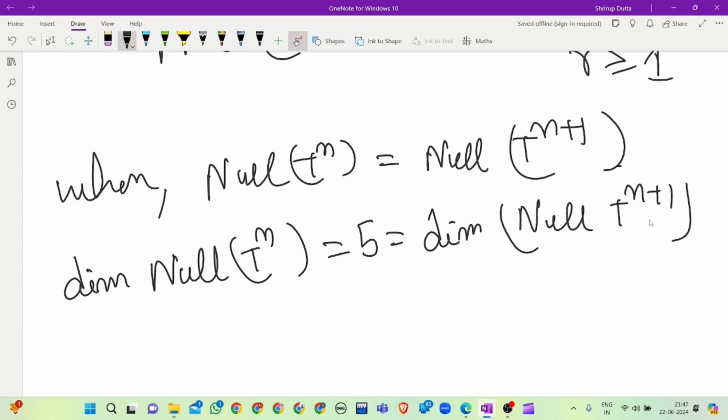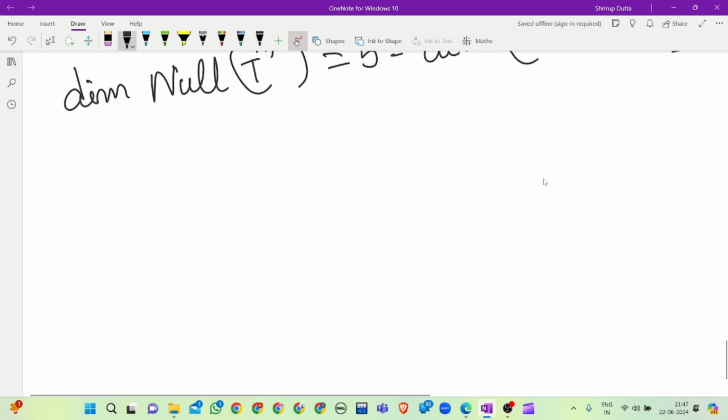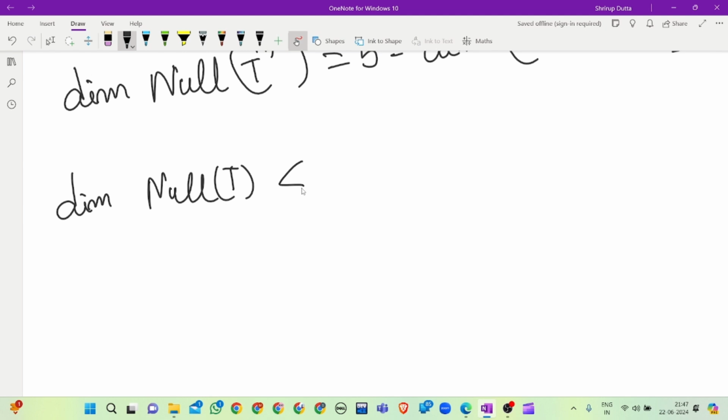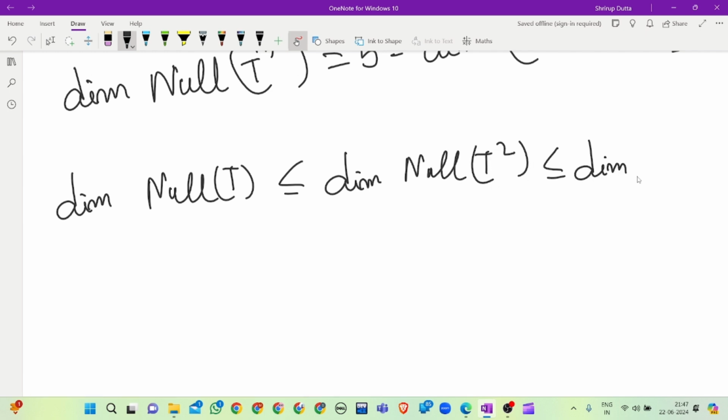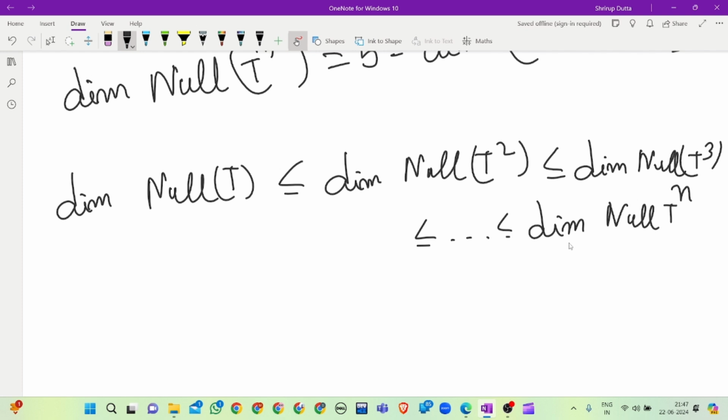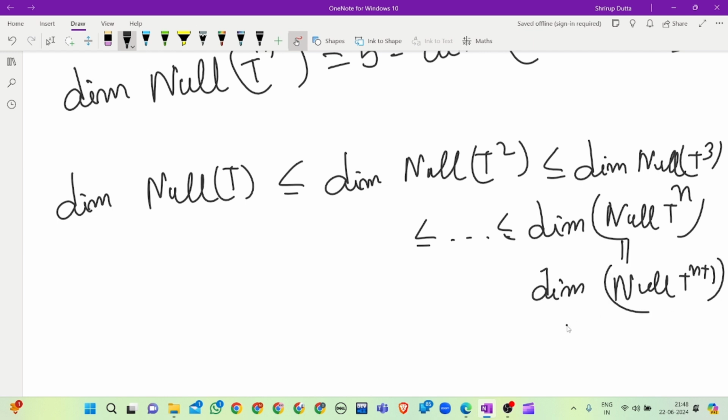Okay, so we have this inequality: dimension of null of T is less than or equal to dimension of null of T square, less than or equal to dimension of null of T cube, and so on up to dimension of null of T to the power n, and after this it equals dimension of null of T to the power n plus 1. Okay, and so on.